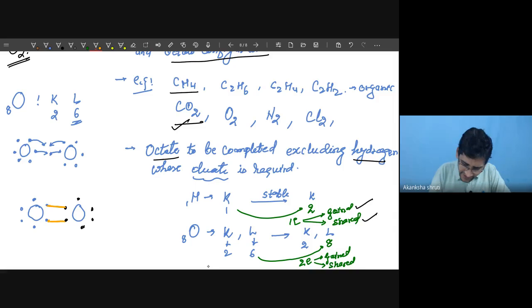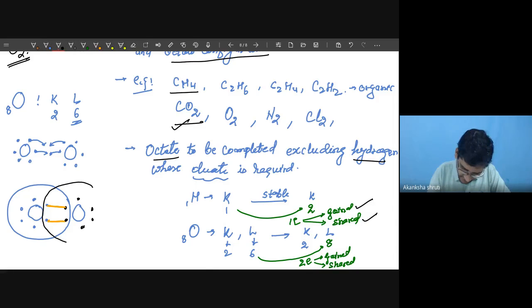And in this way, these two shared electrons will lie under the control of both oxygen atoms, meaning the first oxygen as well as the second oxygen. So let me draw the left oxygen with the blue color and the right oxygen with the black color.